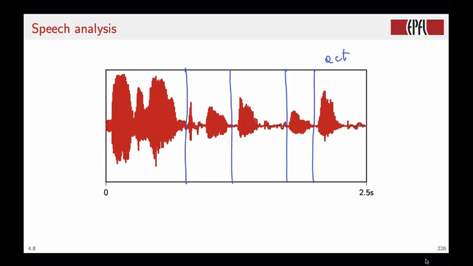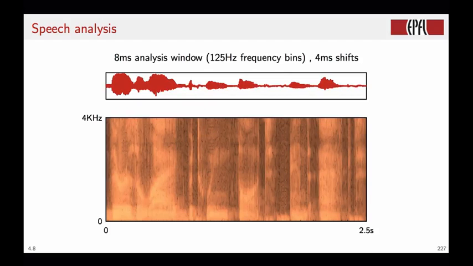The speech signal was sampled at 8 kHz, and let's try and see what a wideband spectrogram can tell us about the structure of this utterance. So if we take an 8 milliseconds analysis window, which gives us frequency bins of 125 Hz, which is quite wide, we get a plot like this.